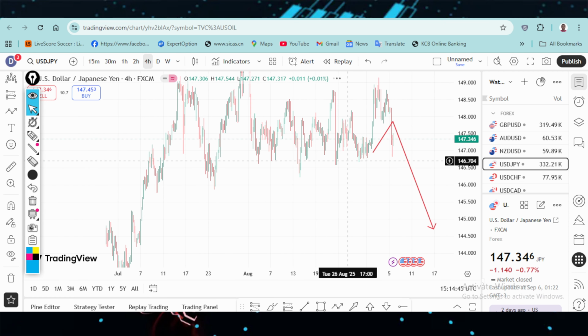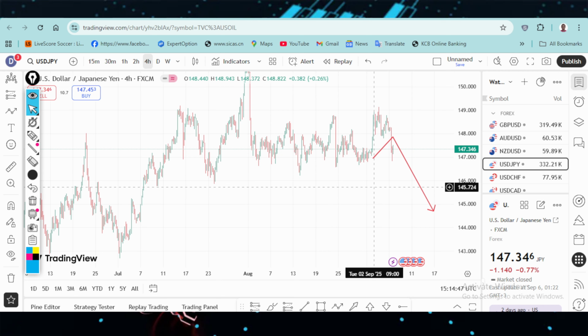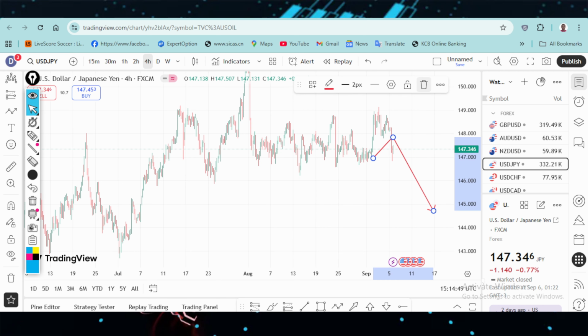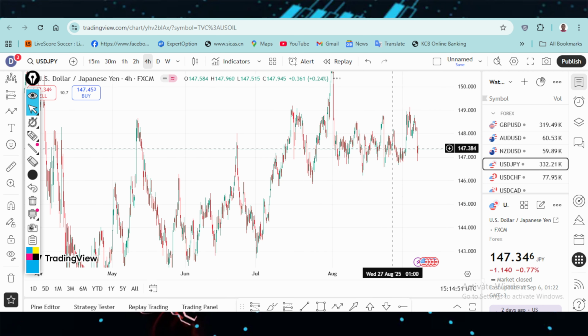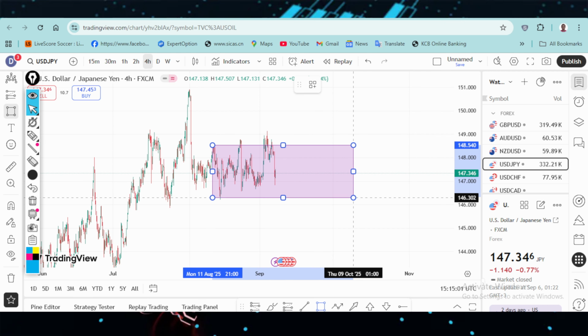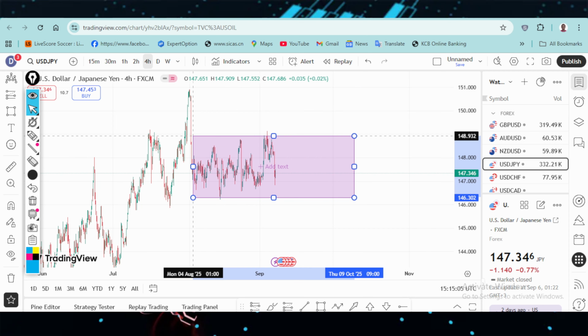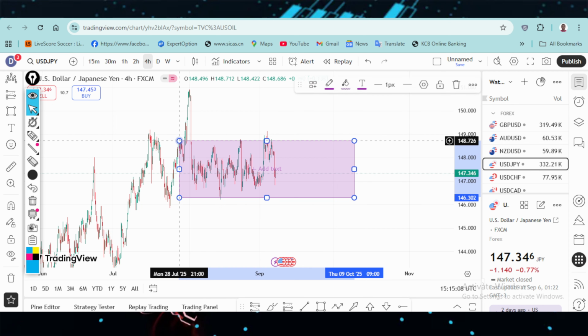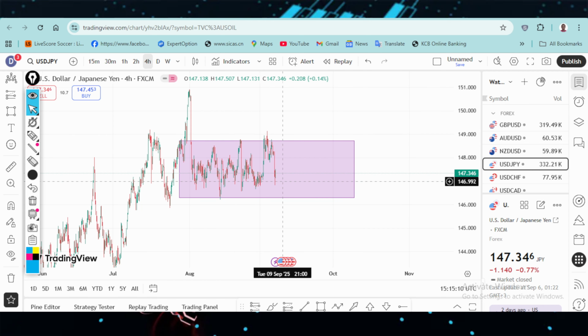USD/JPY. This one is really somehow inside a trading range. You can see, let us say, this is a complete trading range, from here. But inside this trading range, USD/JPY was not able to break outside of it.